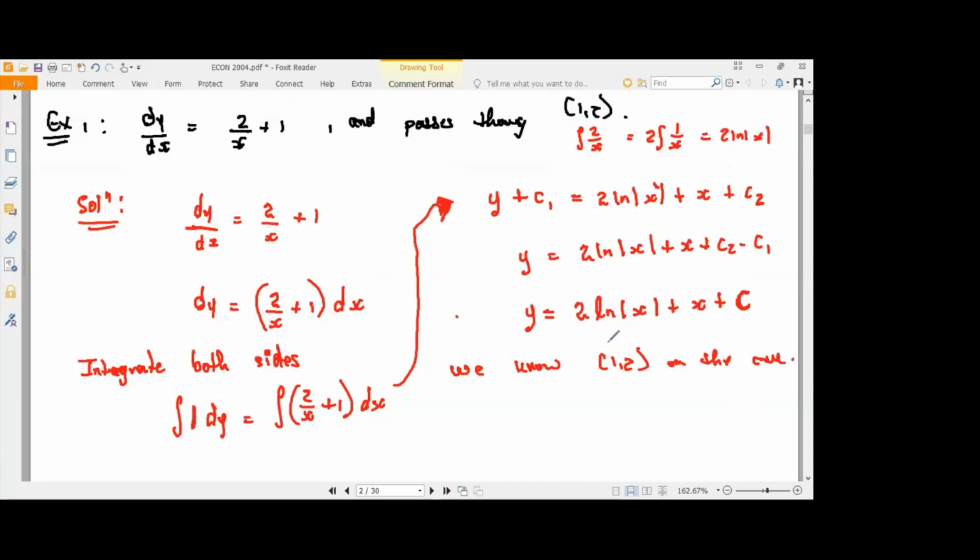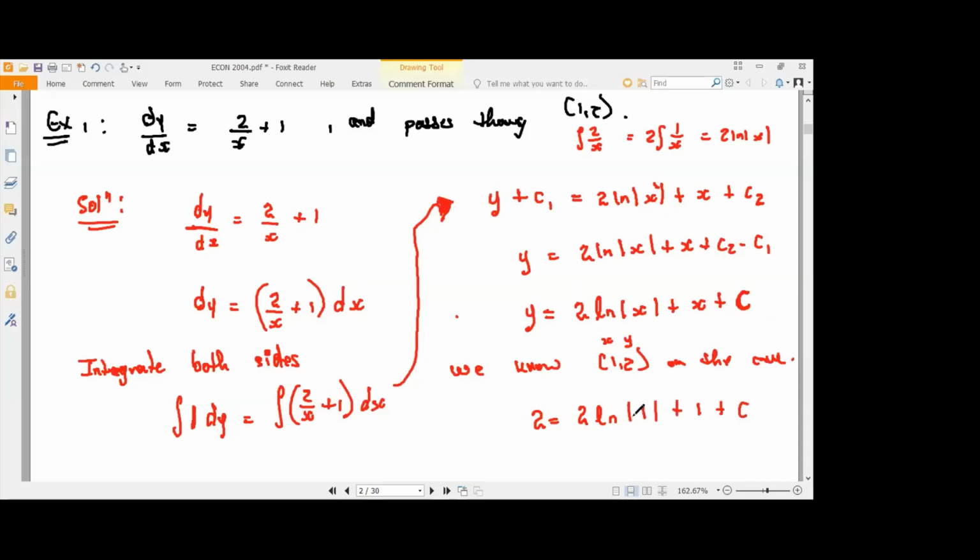So remember, when you have a coordinate, the first value is x and the second value is y, right? So I'm going to substitute these into the above integral curve. When I do that, I get that 2 is equal to 2 ln mod of 1, right? Cool. Plus 1 plus c.